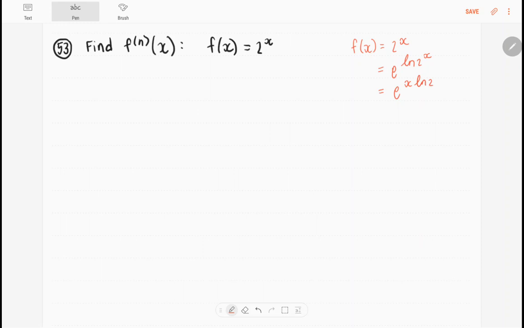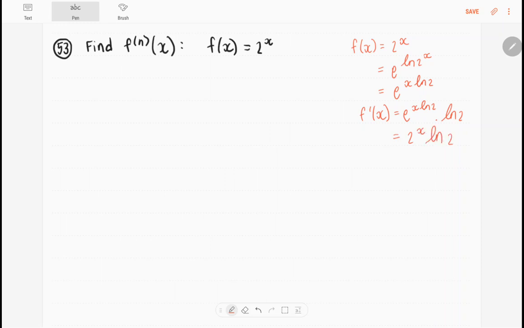Now we can take the derivative on both sides, so we get f's derivative of x equals e to the x ln 2, and then still the derivative of x multiplied by ln 2. Ln 2 is just a constant, so the derivative of x ln 2 is just ln 2. And this first term here is simply 2 to the x, so it's 2 to the x ln 2.